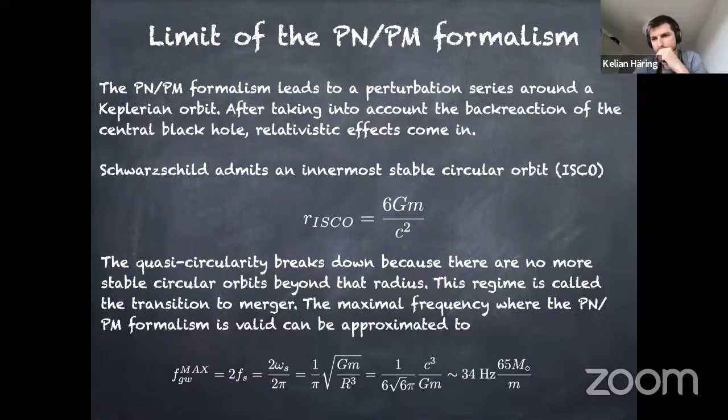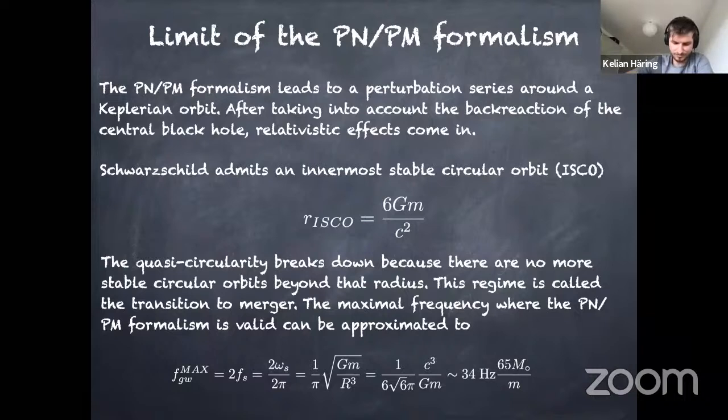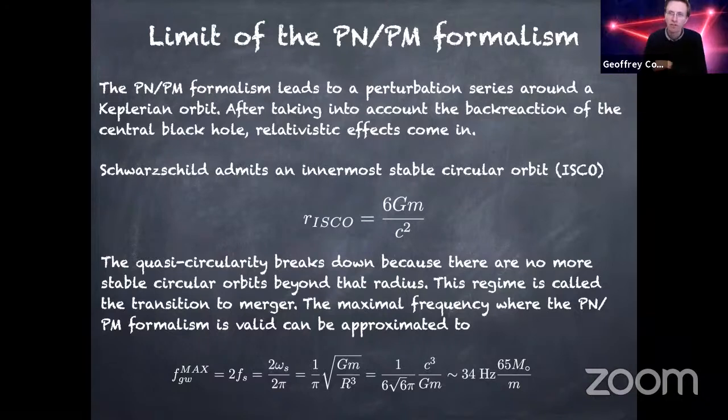So you expect that for the binary system there is an analog: if they are too close to each other, they will just plunge into each other, and they will not evolve through quasi-circular orbits. Okay, thank you. This is the breakdown of this post-Newtonian formalism, because you start from a quasi-circular or Keplerian motion.